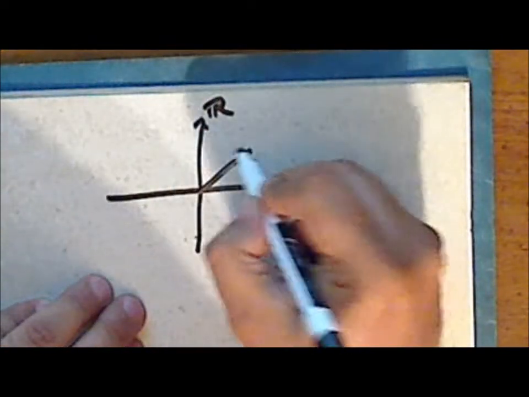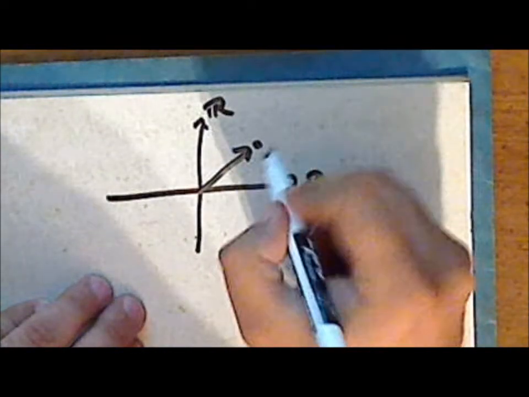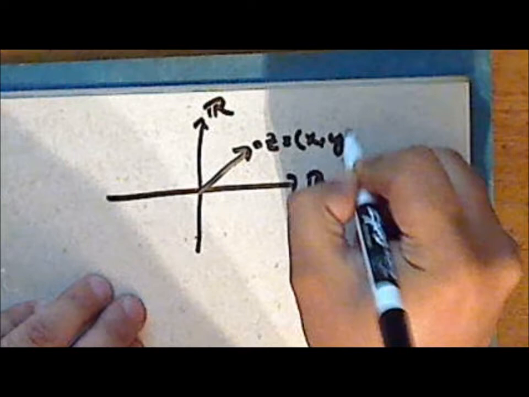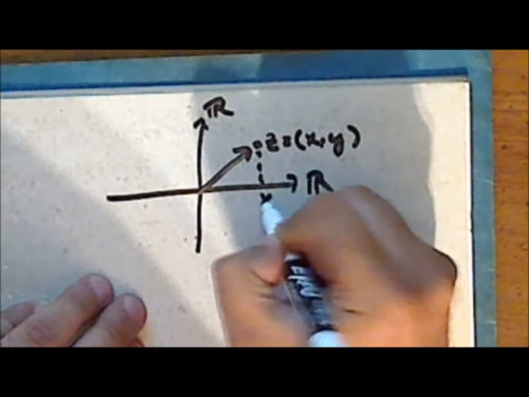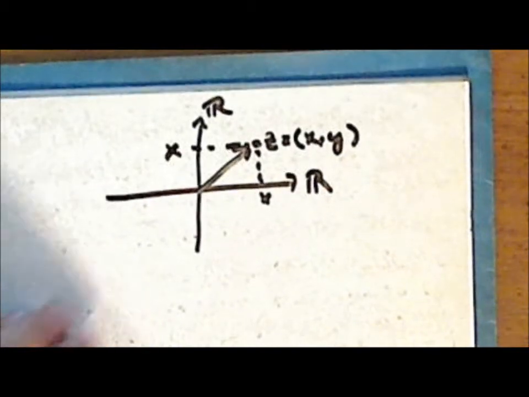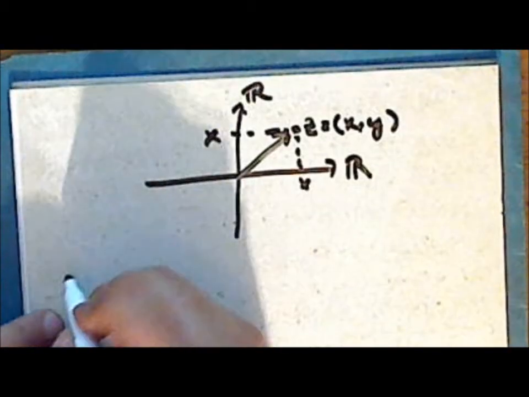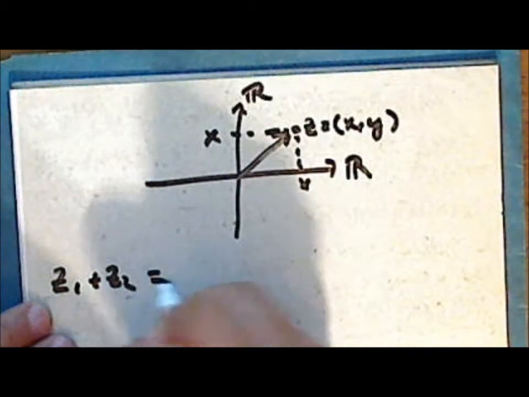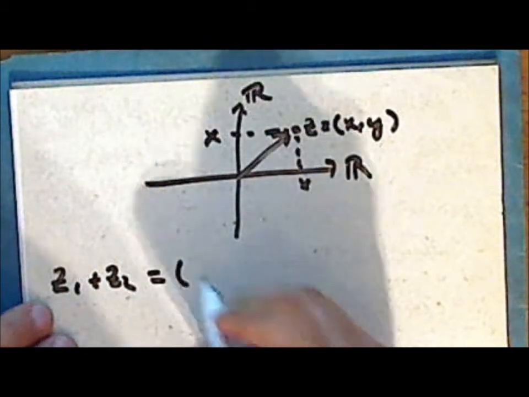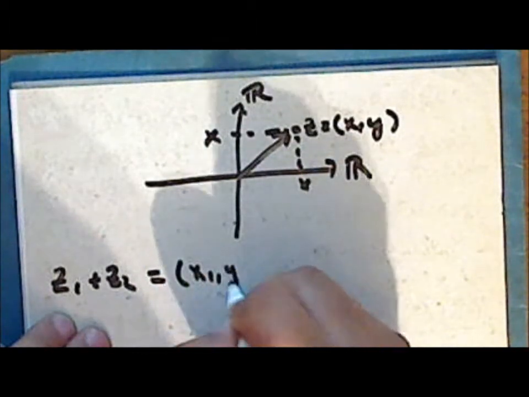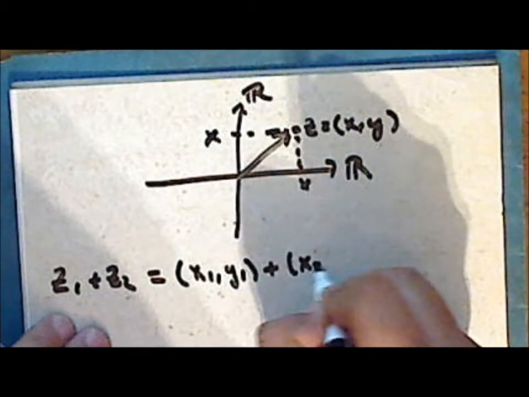So a complex number z is an ordered pair, x, y. And in this model, as a vector space, we can add two complex numbers: z1 plus z2 is the sum of ordered pairs x1, y1 plus x2, y2.